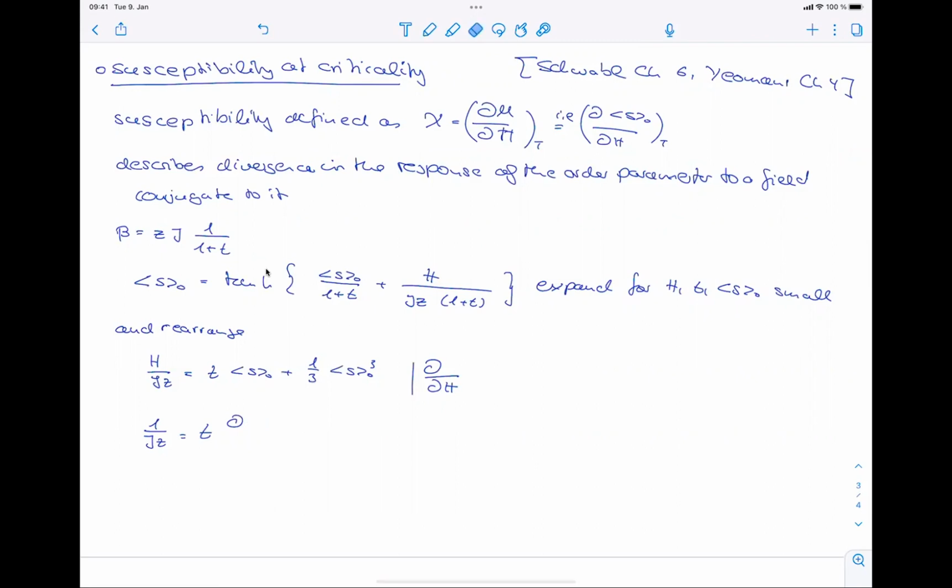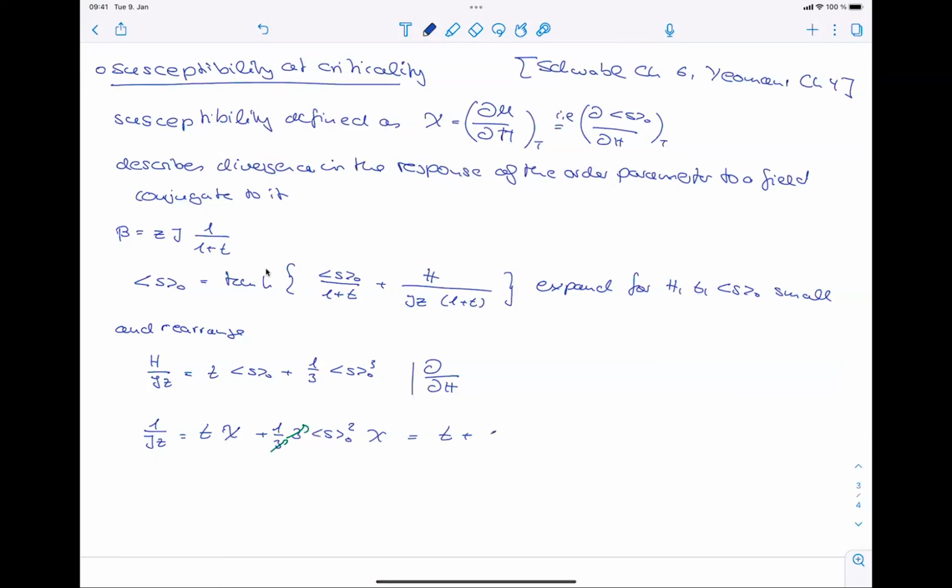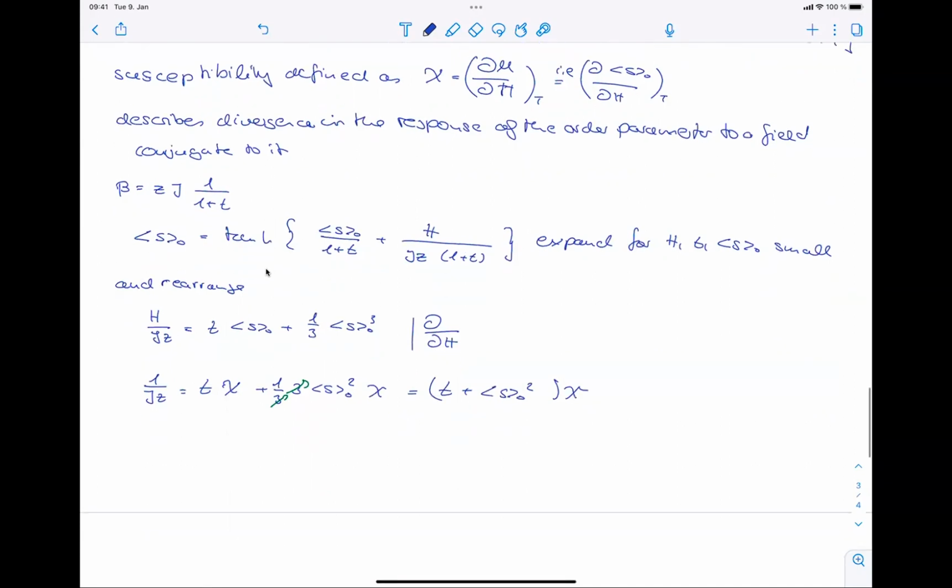Let me just quickly abbreviate this with our psi already. So this is our psi, and then we get here 1/3 S squared psi. And so we can rearrange this as T plus, these two cancel, times psi. And so that's, we can rearrange as 1 over JZ T plus.